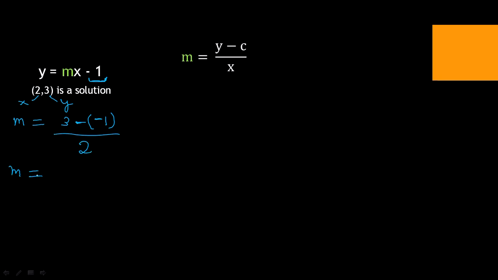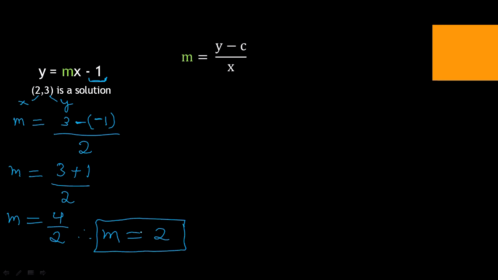Solving this further, I get m equals 3 minus 1 is plus 1 upon 2, and 3 plus 1 is 4 upon 2. Therefore m equals 2. So the value of slope is 2.